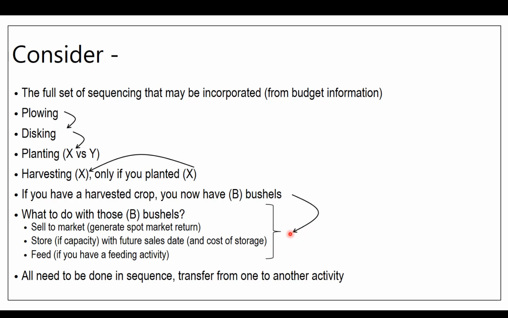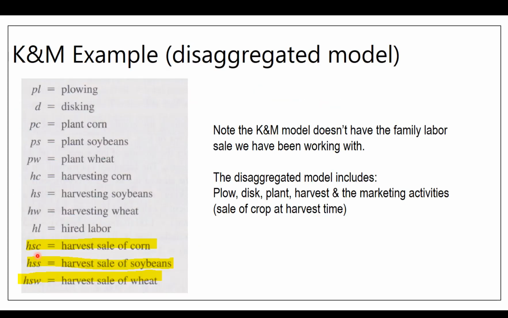There's no allowance for storing bushels that haven't been generated somewhere in the model, and the only way we have to generate them right now is through this entire sequence from plow to disc to plant to harvest. We've talked about storing and feeding, which would expand the model into some other marketing or production enterprises, but we're not going to use those, so leave that aside for the moment.